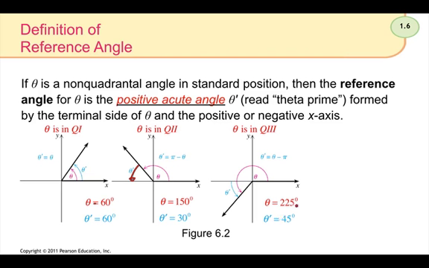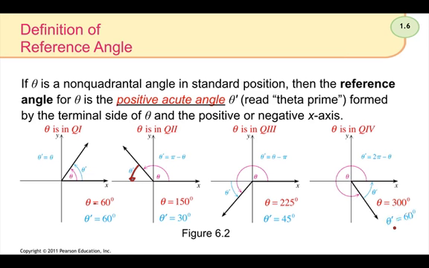We just take 225 minus 180, and this is my reference angle, or my theta prime. The last one: let's say that theta lies in the fourth quadrant. As an example, consider 300. The theta prime, or the reference angle, will be the angle formed here, which turns out to be 60 degrees.